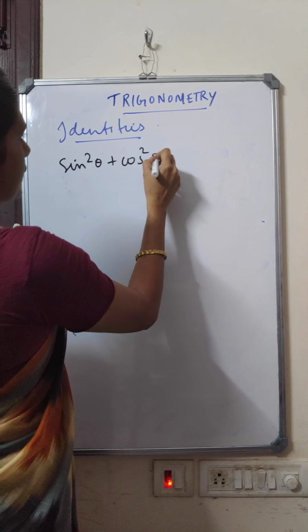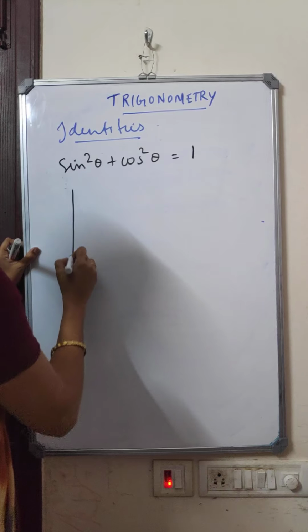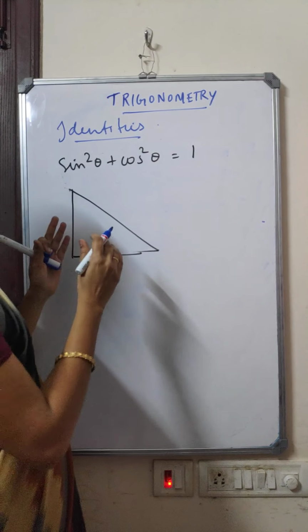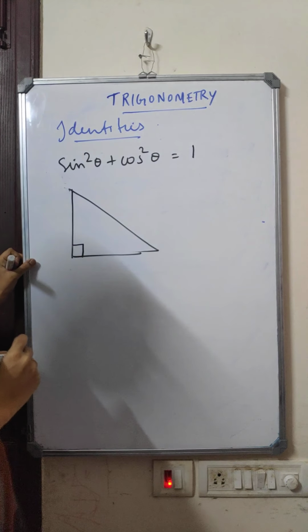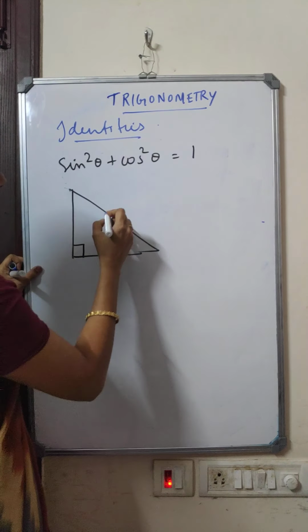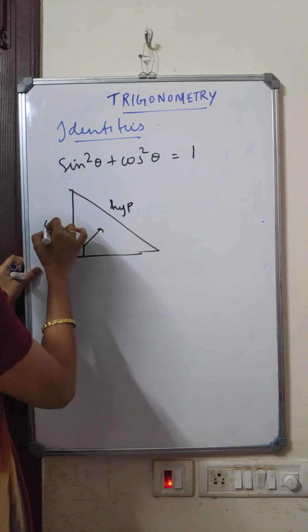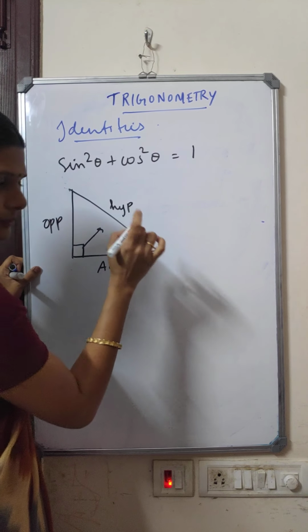Sin square theta plus cos square theta is equal to 1. How am I getting this? Already I told you, trigonometry will always deal with a 90-degree triangle, a right angle triangle. This is 90 degree here.